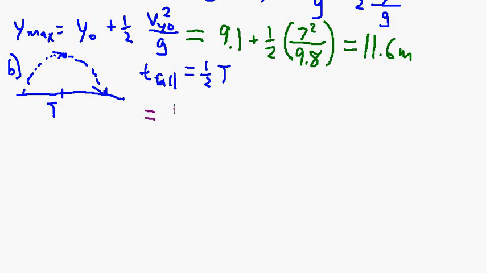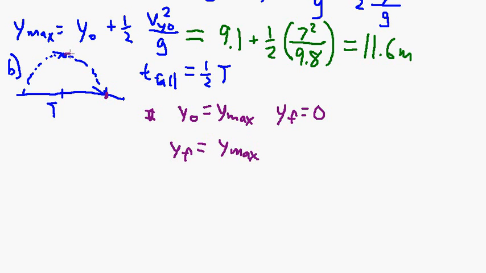So let's set new initial conditions here, where Y naught is Y max, and then YF is 0. So Y max is now defined as our initial condition.